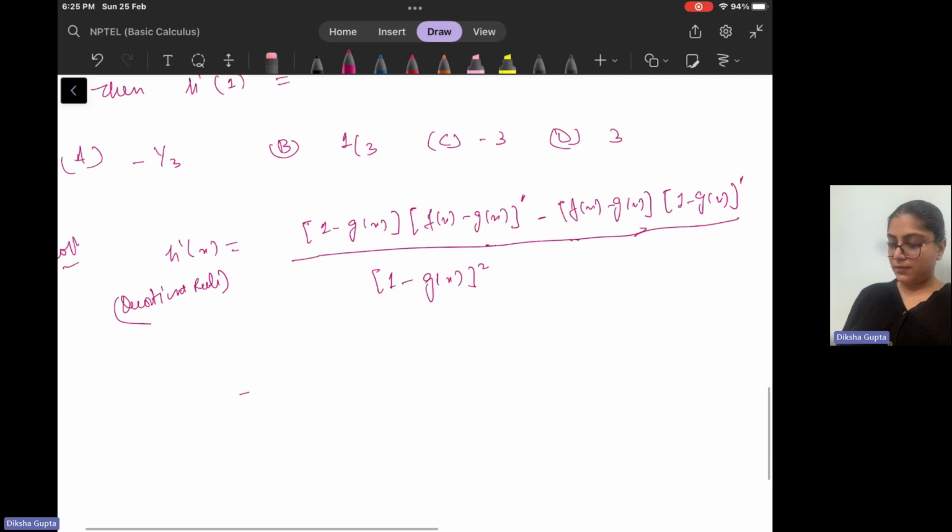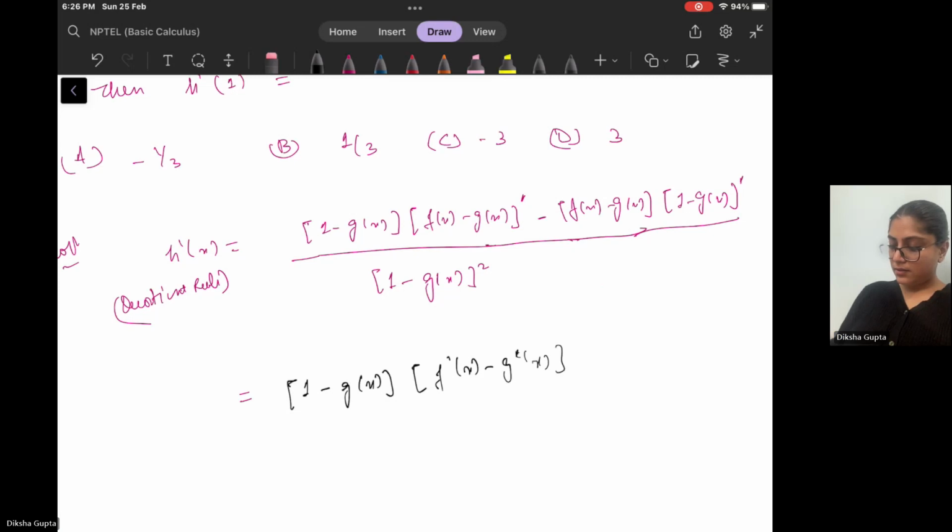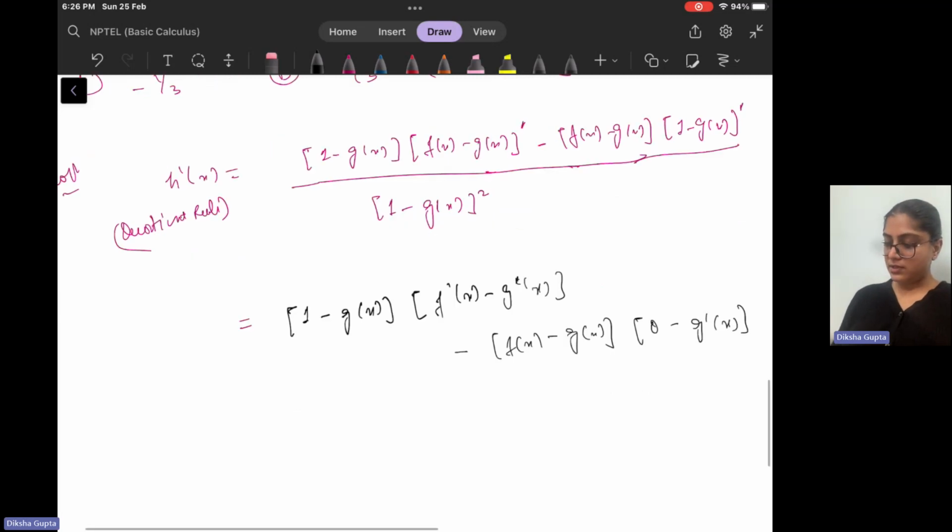So by algebra of differentiable functions, you have (1 minus g(x)) (f'(x) minus g'(x)) minus (f(x) minus g(x)), and the derivative of a constant function is 0, derivative of g(x) is, I have written, minus g'(x), upon (1 minus g(x))².